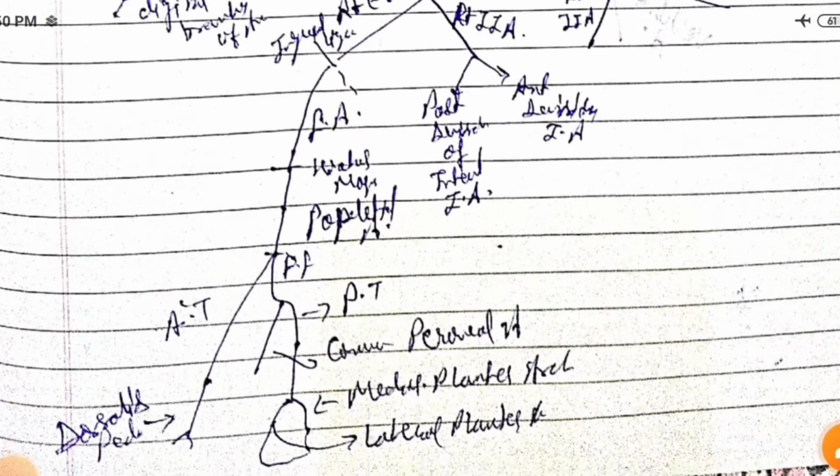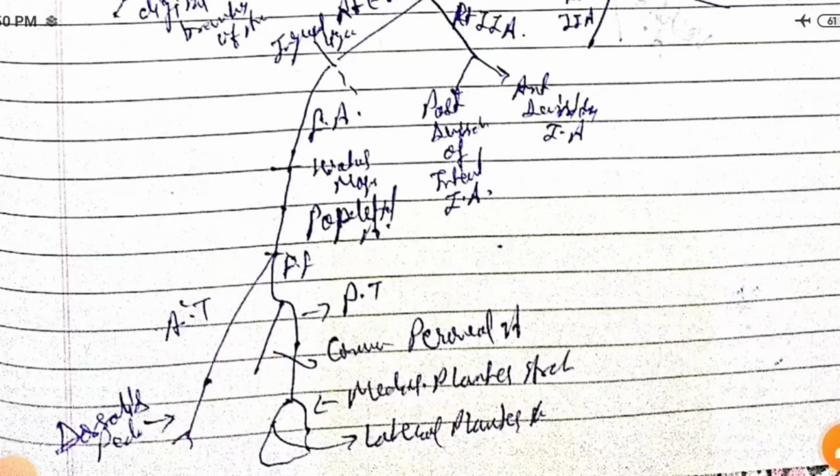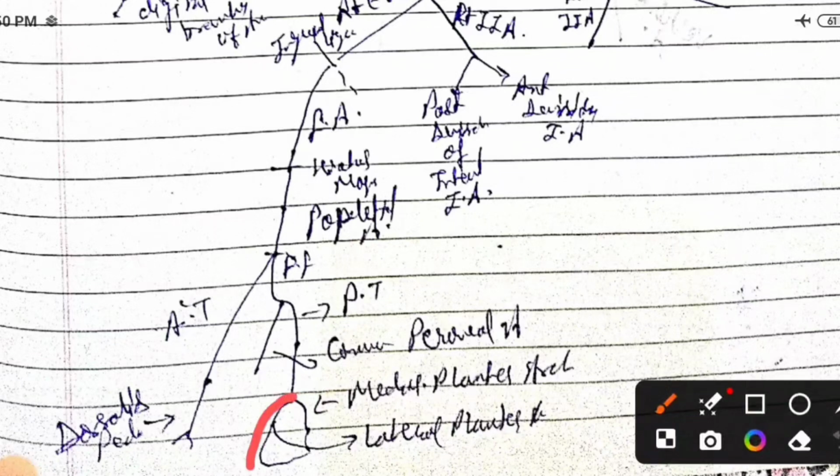From the popliteal fossa, the artery divides into two, the anterior tibial and posterior tibial arteries. Another small branch, the peroneal artery, arises from the posterior tibial. The posterior tibial continues and divides into the lateral plantar artery and medial plantar artery. The anterior tibial artery continues past the medial malleolus, and after that it is known as the dorsalis pedis artery.